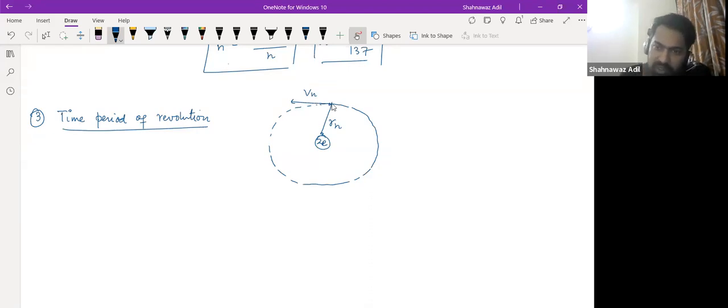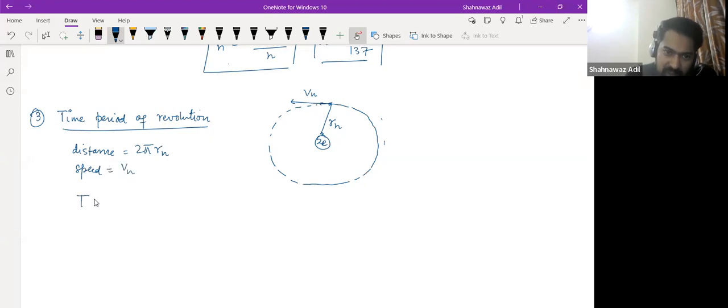Let's say it takes t time to revolve around once. So what would be the total distance if we complete one revolution, guys? The total distance is 2 pi rn. Velocity or speed is Vn.